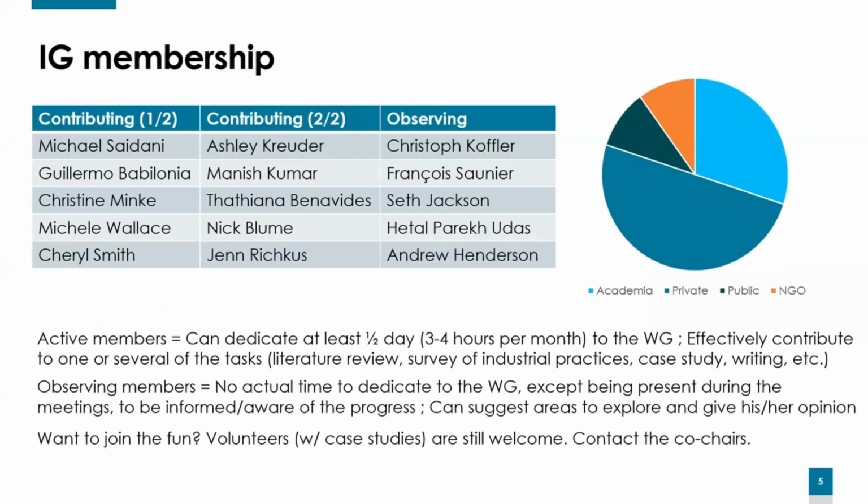So in our working group, we have good numbers, like 10 active members contributing on a monthly basis on the different tasks and action items we are going to present in the next slide, and also a number of participants that are more here to be aware of what we are doing, in an observing role.